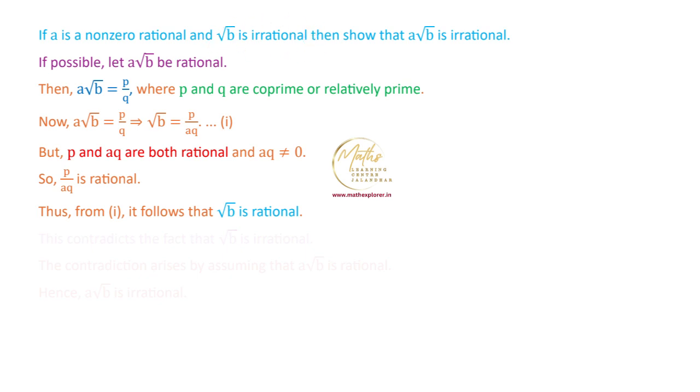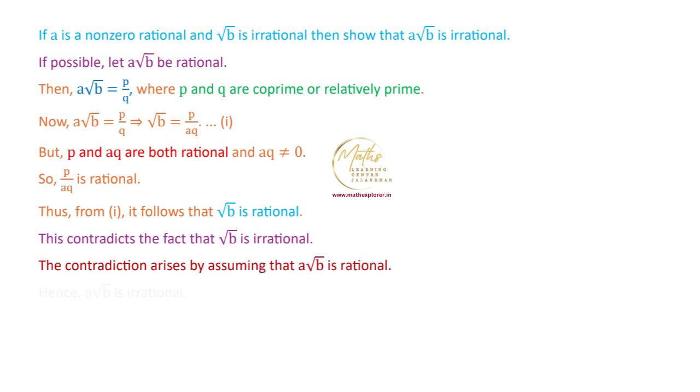So this contradicts the fact that square root b is irrational. So the contradiction we have arrived at is arising because we have assumed that a square root b is rational, and hence a square root b is an irrational number.